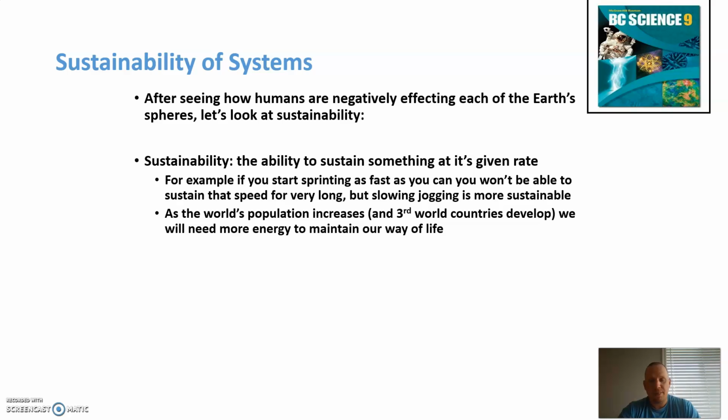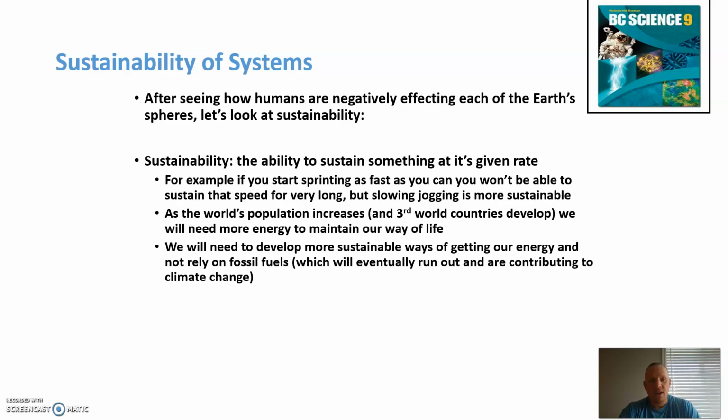So the amount of energy we use, it's not sustainable. We won't be able to continue using this much in the future if we rely on fossil fuels. So we're going to need to develop more sustainable ways of getting our energy and not rely on fossil fuels, because fossil fuels, A, will eventually run out, and B, they're leading to climate change.